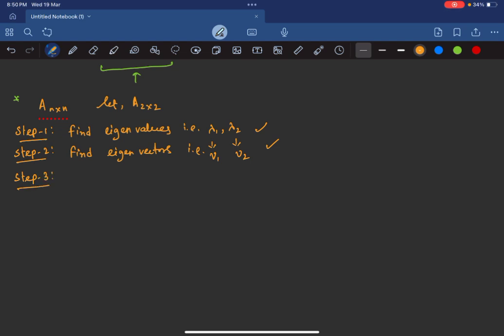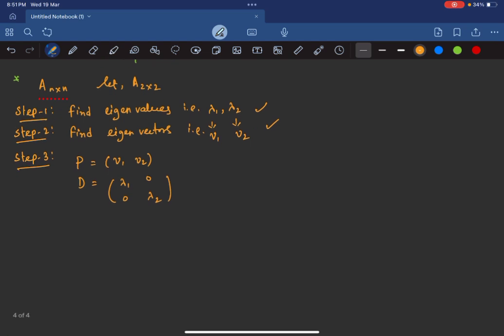Now step 3: here this matrix P is v1 v2, just write them column-wise, that is P. And D is what? D is lambda 1, lambda 2 on the diagonal and 0, 0.